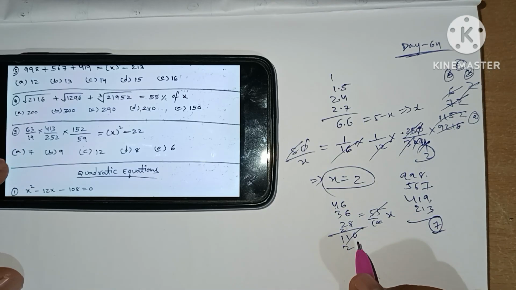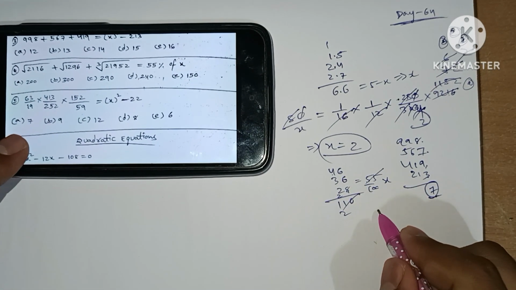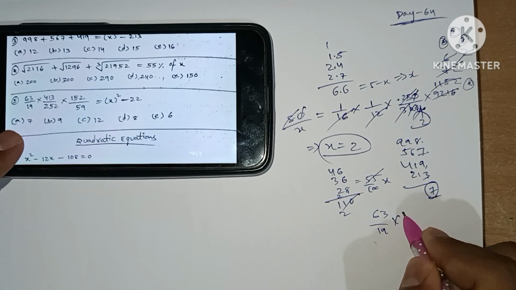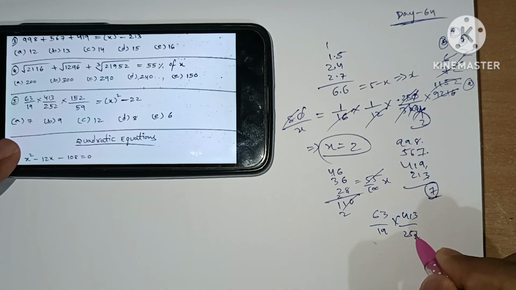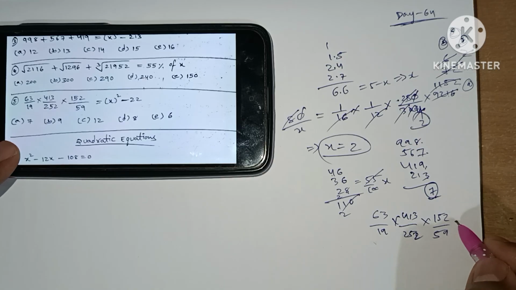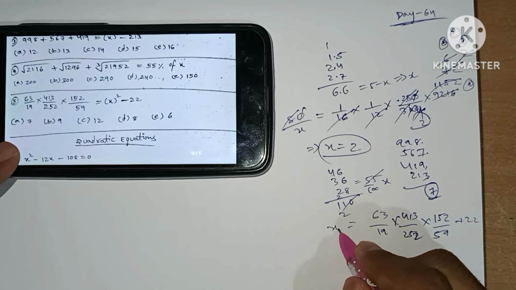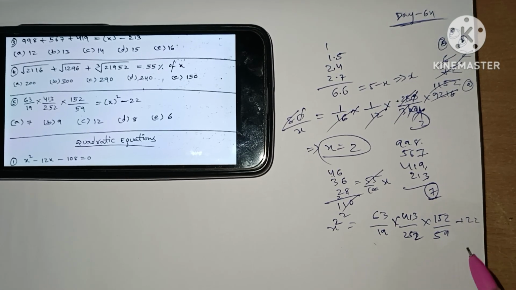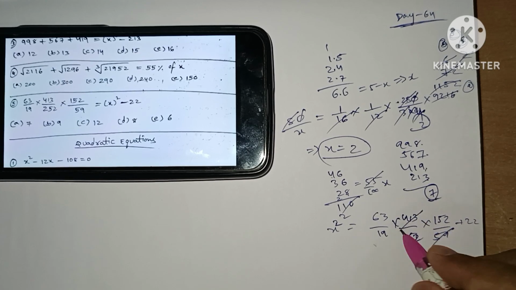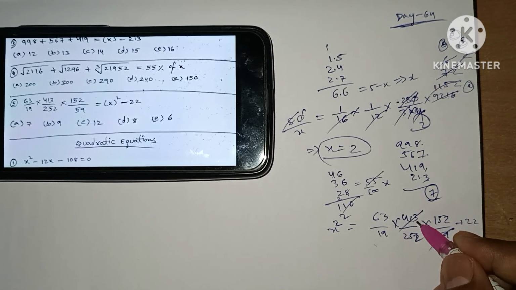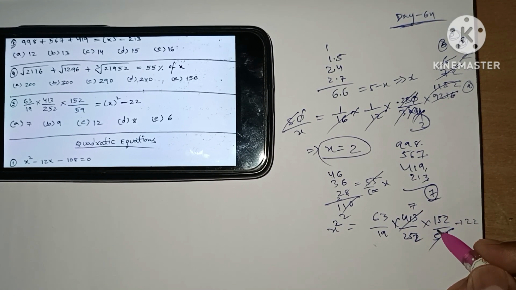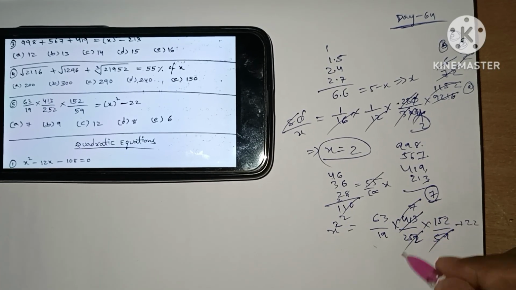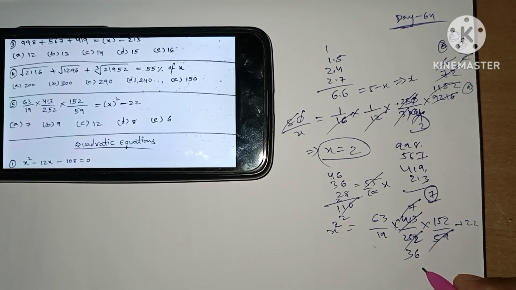Option A. Next, fifth question, 63 divided by 19 into 413 divided by 252 into 152 divided by 59 plus 22 equals x square. So here it is 59. 9 becomes 3, means 7 times. This is 3 times and 6 times.